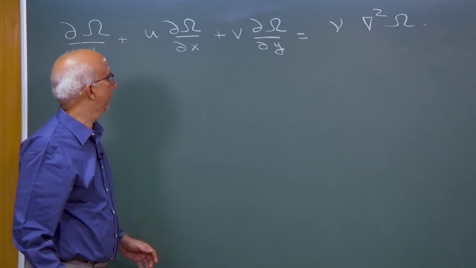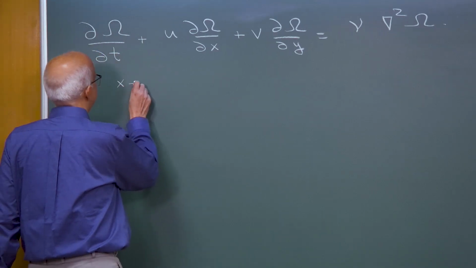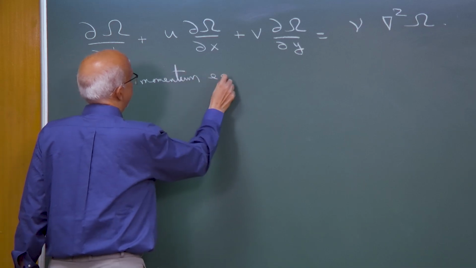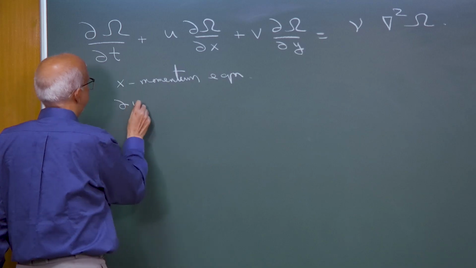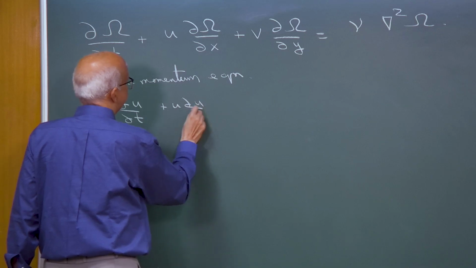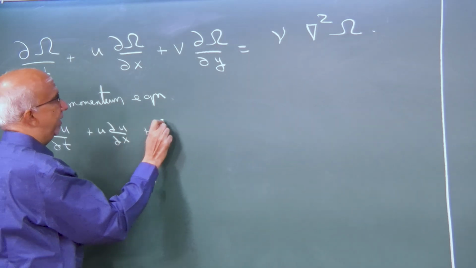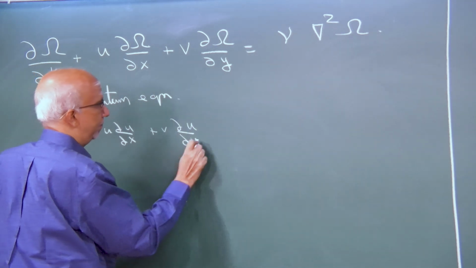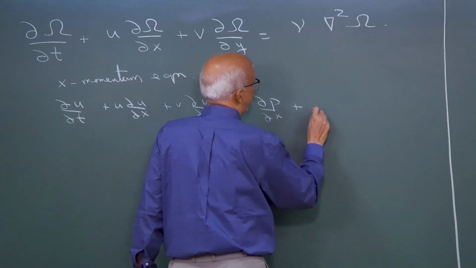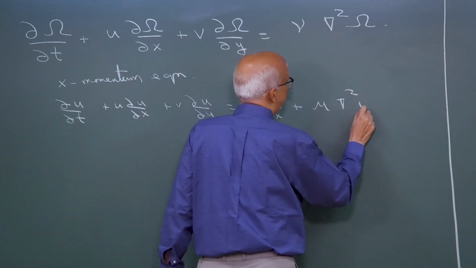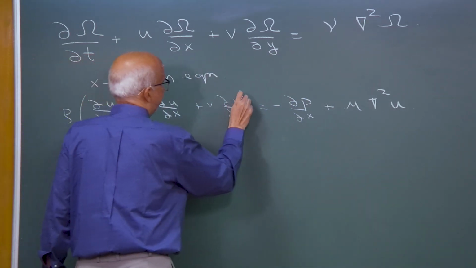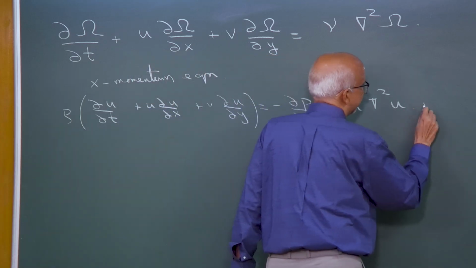If you look at the x momentum equation, you have du by dt plus u du by dx plus v du by dy equals minus dp by dx plus mu del square u, and I will put a rho here, okay, plus rho gx.